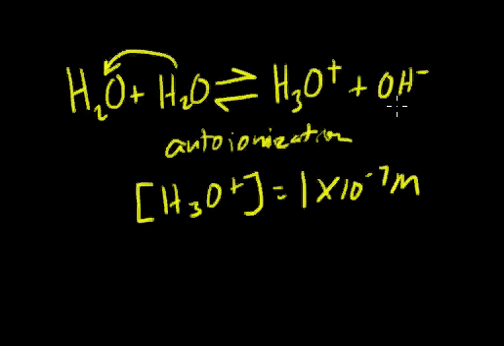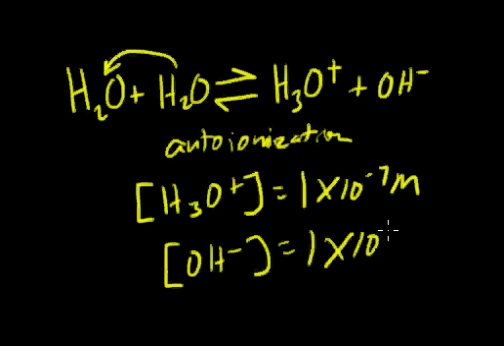And because there's a 1-to-1 ratio of hydronium to hydroxide, the hydroxide concentration will be exactly the same, 1 times 10 to the negative 7 molar. And so because they're exactly the same, the acid part of the water, hydronium, and the base part of the water, hydroxide, are exactly the same concentrations, the water is still neutral. And so it still has a pH of 7.